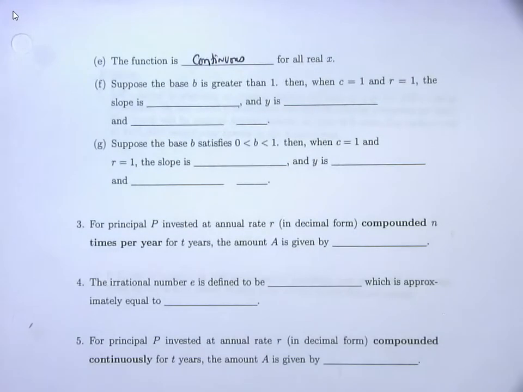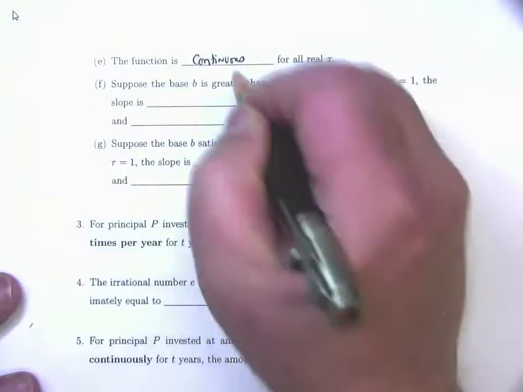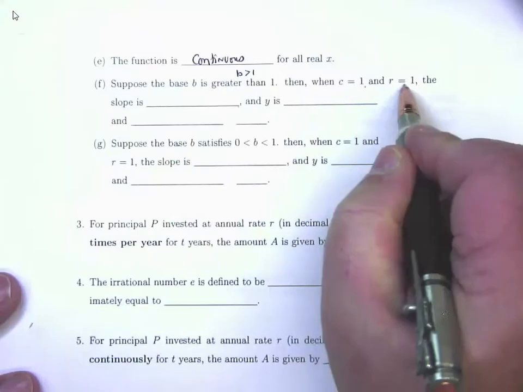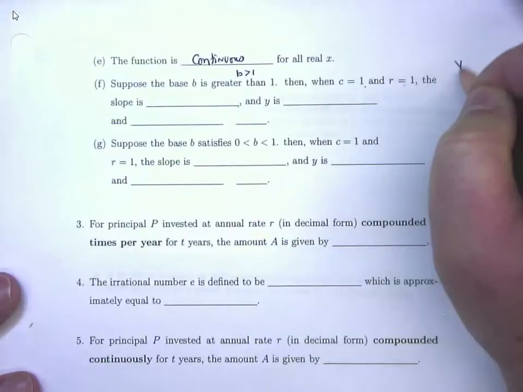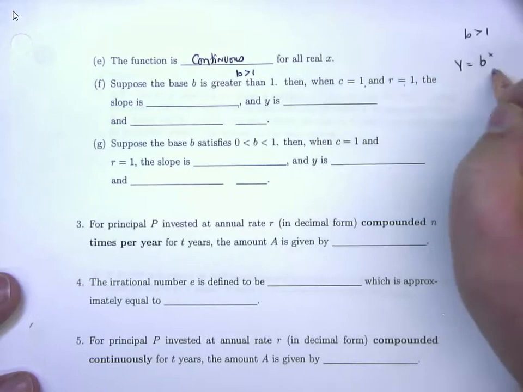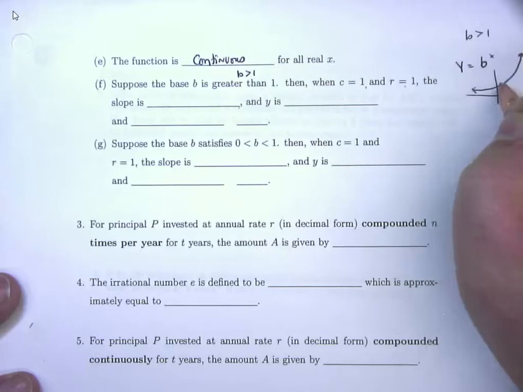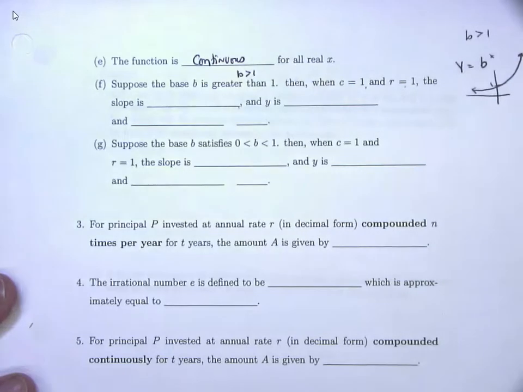Suppose that base b is greater than 1, and then c equals 1 and r equals 1. So we're talking about y equals b to the x, where b is greater than 1. That's going to be your classic growth model. It looks like this, and it actually will cross over here at 1.